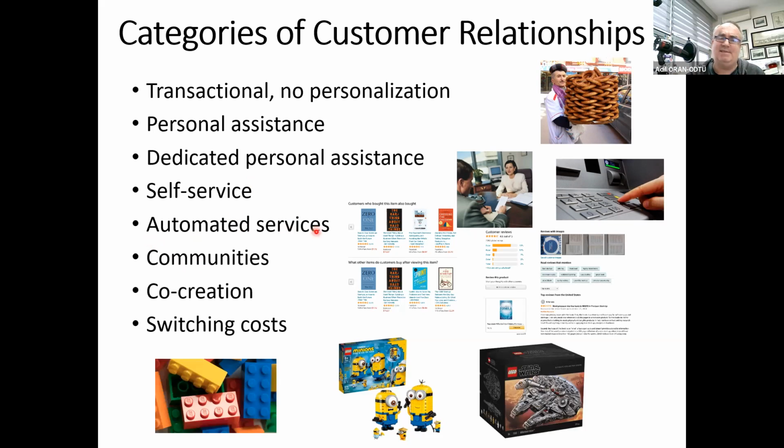Automated services. This is interesting. Sometimes, especially companies that use a lot of technology to keep track of you and know who you are, so we might call this big data, have a lot of information about you and their other customers, which might be similar to you. They may be able to suggest things to you. Amazon is a very good example of this.